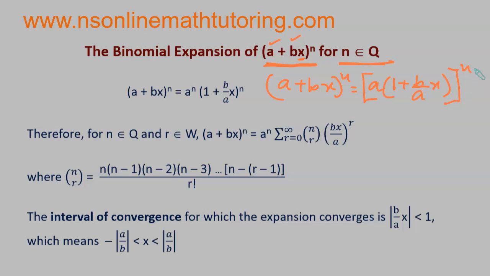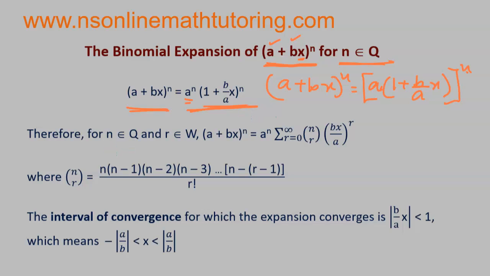And this is getting raised to the power of n. Now we can separate the two terms and we get a raised to the power of n, which is this one, and (1 + (b/a)x) raised to the power of n, which is this part. Okay? That is how from (a + bx) whole raised to the power of n we are getting to this form. Okay?